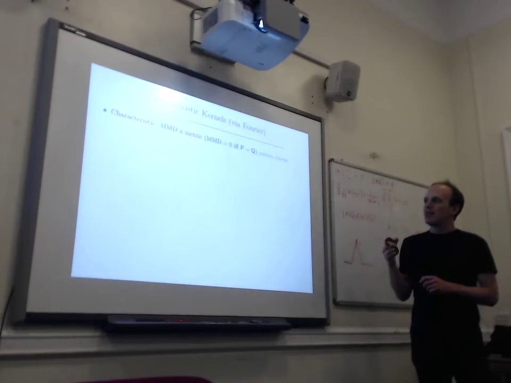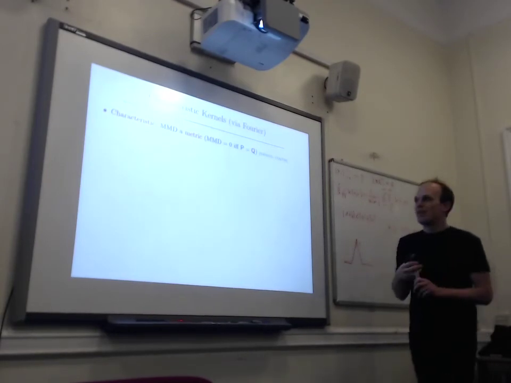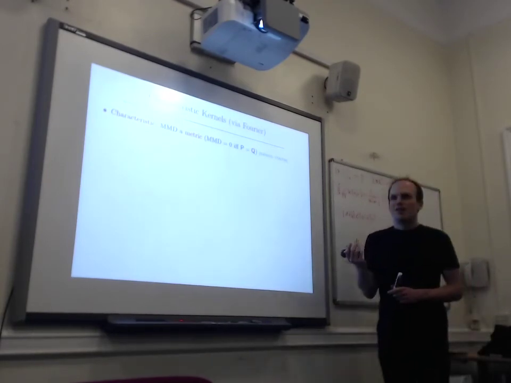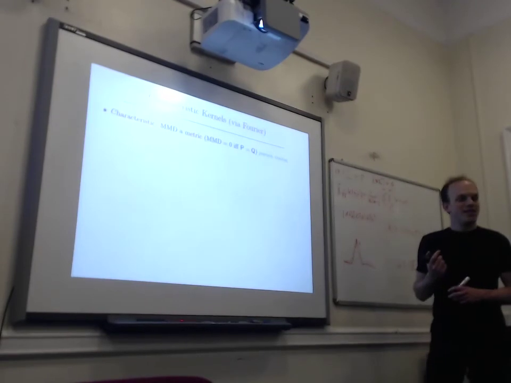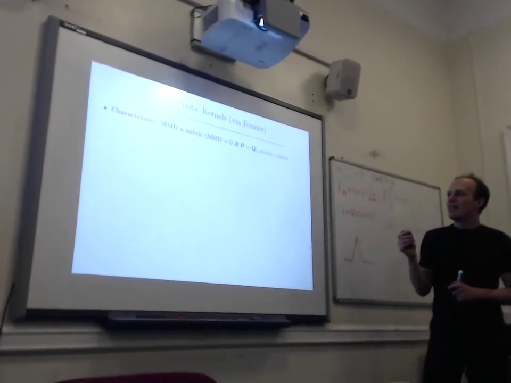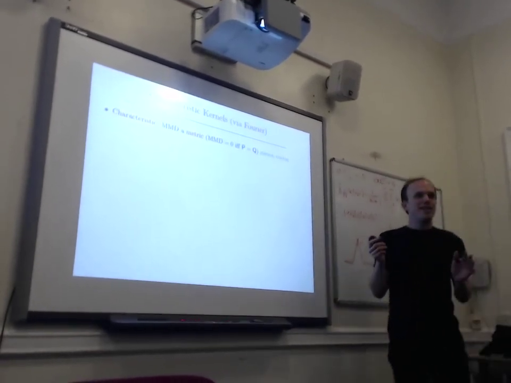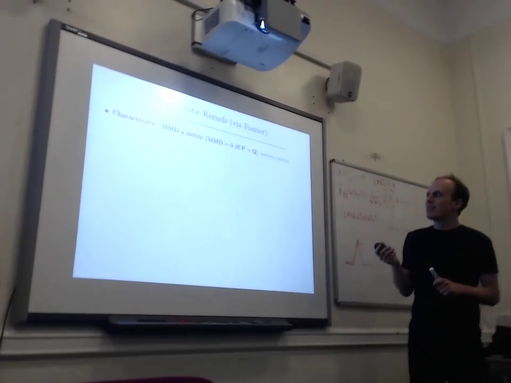But I think more to the point, if somebody gives you a kernel, you shouldn't need to rely on someone else having proven universality to determine whether the kernel is characteristic or not. It might be that you can show directly that a kernel is characteristic.